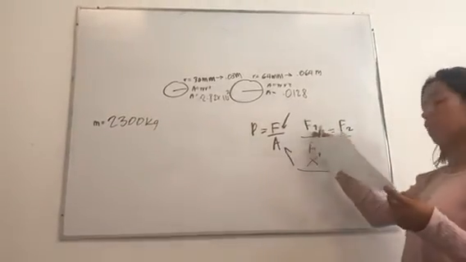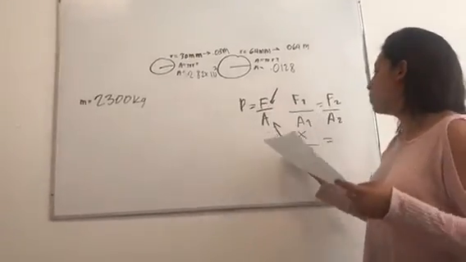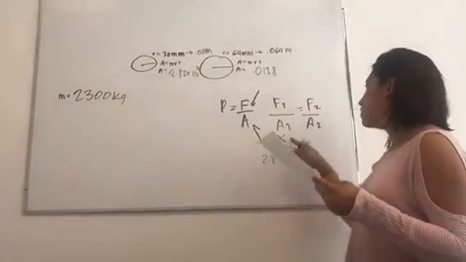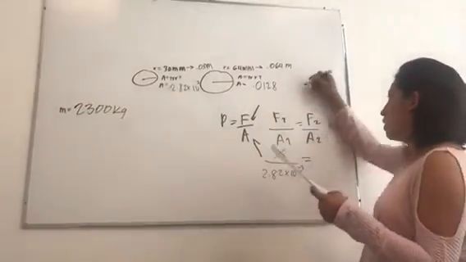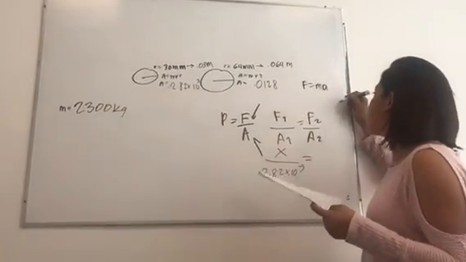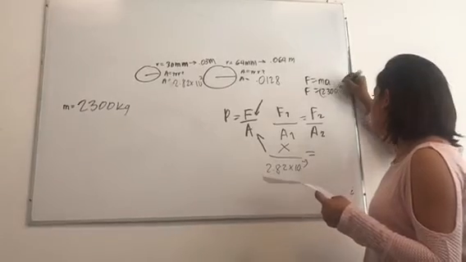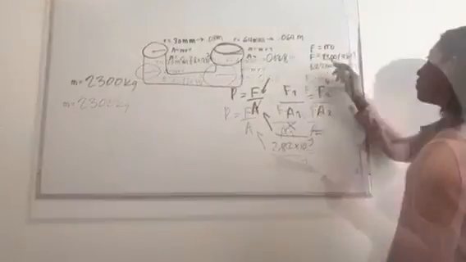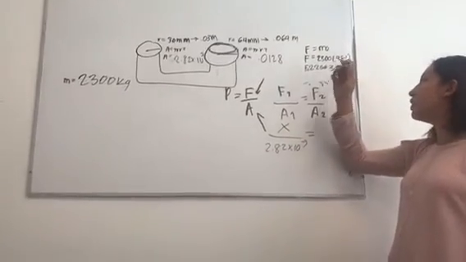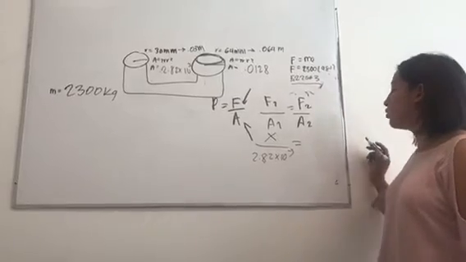We don't know force 1, but we know area 1, that is 2.82 times 10 to the minus 3. It's the same as force 2 that we calculate with mass times acceleration, that is 2,300 times 9.81. So we multiply 2,300 times gravity, and it's going to be 22,563.